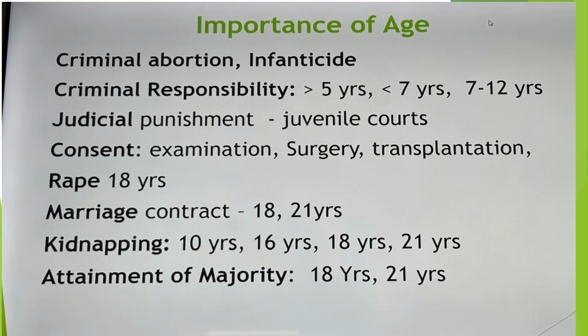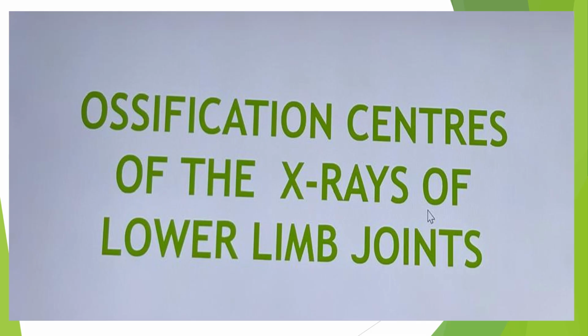And to import into India from a foreign country a female for the purpose of illicit intercourse, if her age is less than 21 years, that comes under section 140 of the BNS. Then we have attainment of maturity. The girl has to be 18 years and the boy has to be 21 years. Next, we'll see some of the examples.